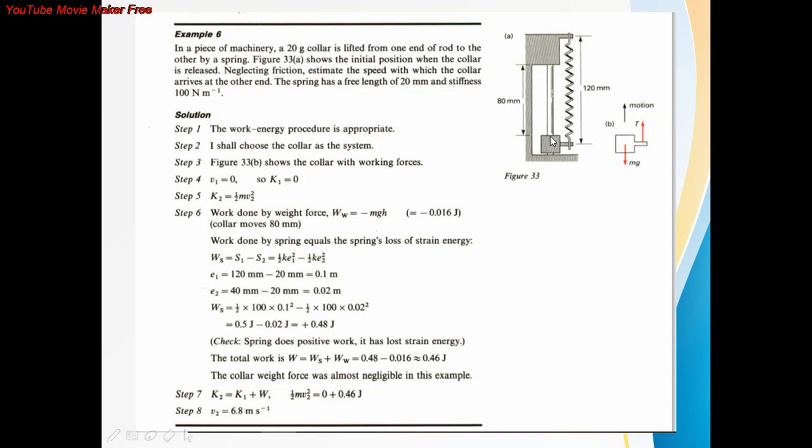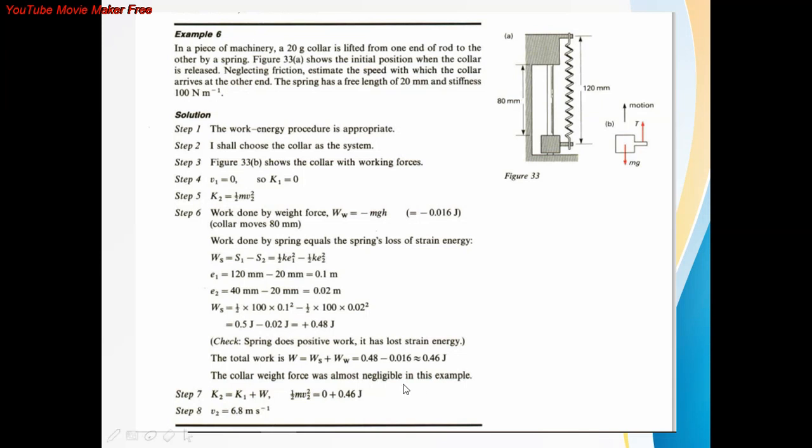S1 is the spring energy at this point, and S2 is the spring energy when it reaches this point, right? Okay. So we know that the spring energy formula is 1 by 2 k x square. Here x is actually e, small e we are taking. So the spring work done is 1 by 2 k e1 square minus 1 by 2 k e2 square.